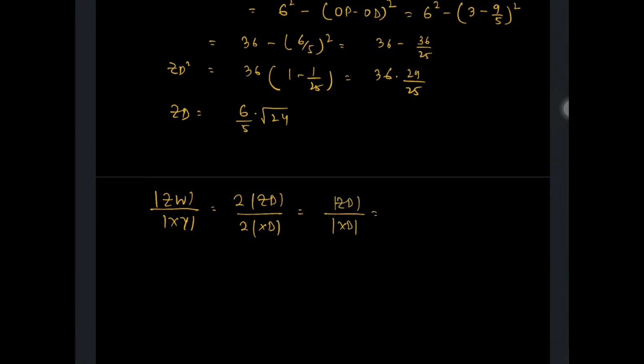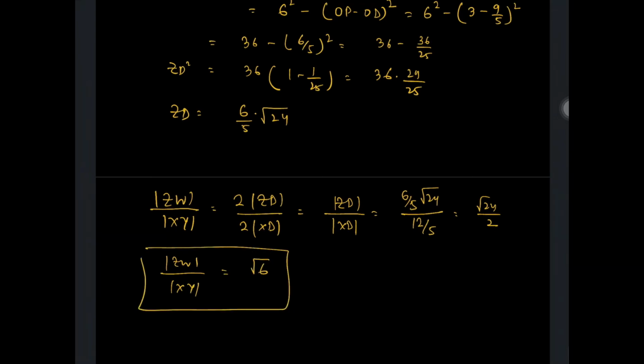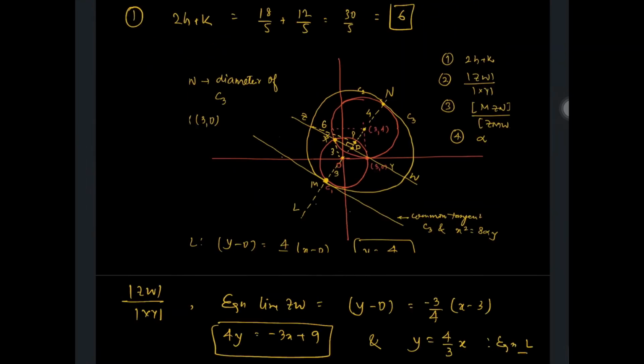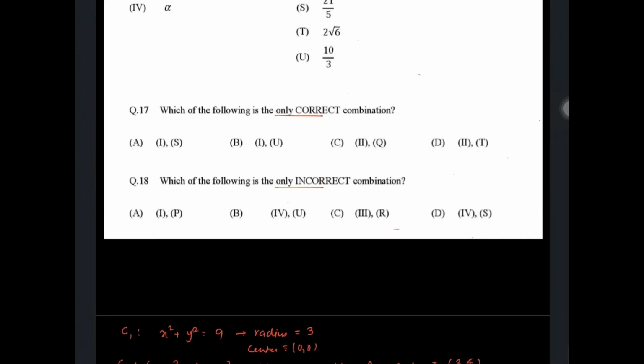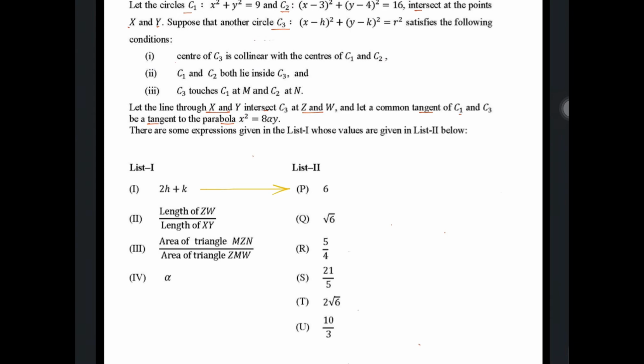So ZD is 6 by 5 root 24 and XD is 12 by 5, that is root 24 by 2. So ZW by XY is root 6. Okay, so now let's see with which it will match. So the length is root 6.